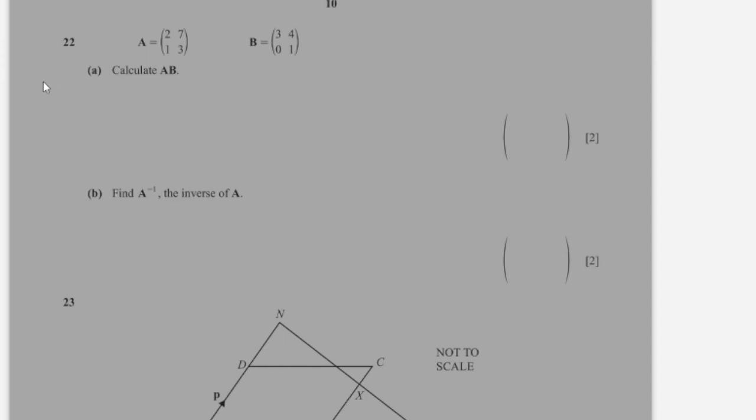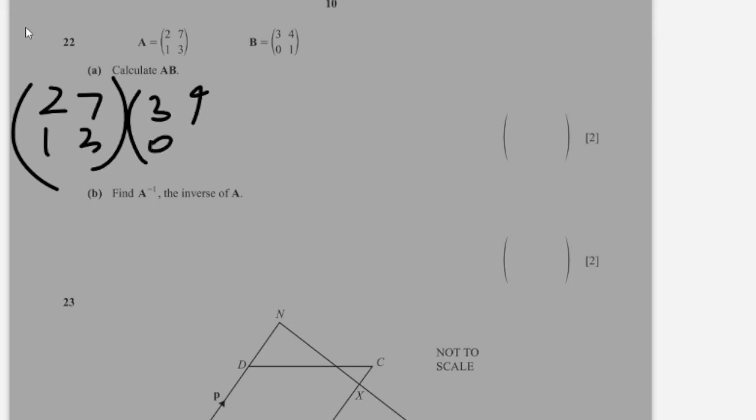Question number 22a. Calculate AB. So we multiply the matrix A with B, that is 2, 7, 1, 3 multiplied by 3, 4, 0, 1. So we have 2, 7 multiplied by 3 and 0. So 2 3s are 6 plus 0, which is 6. And then we multiply 2 and 7 with 4 and 1.